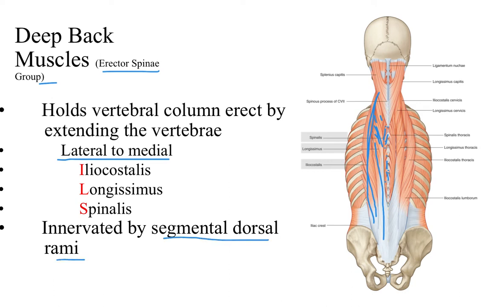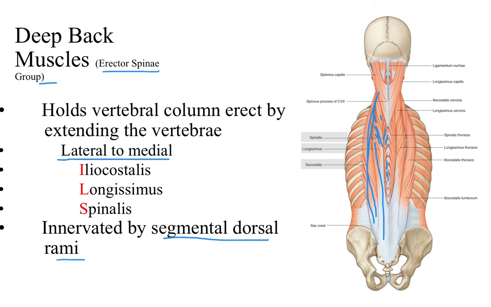So what you're going to see is that each muscle is divided into groups, and those groups are innervated by the nerves in the same location that the muscles are located. So if the muscle is located by T4, then it's the T4 segmental dorsal ramus that's going to supply the nerve to that particular part of the muscle, and that's going to be the same all the way up and down.